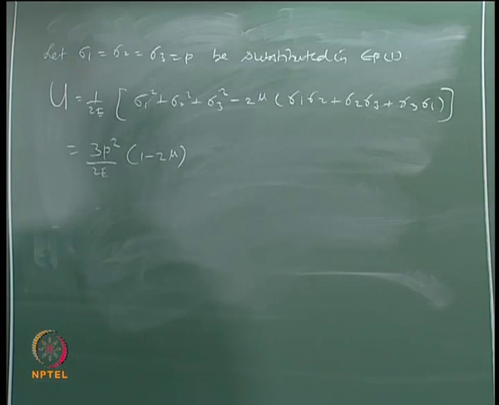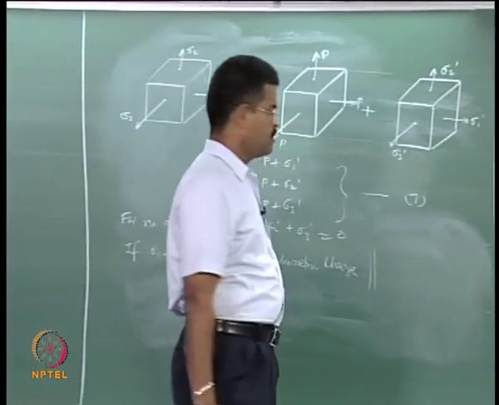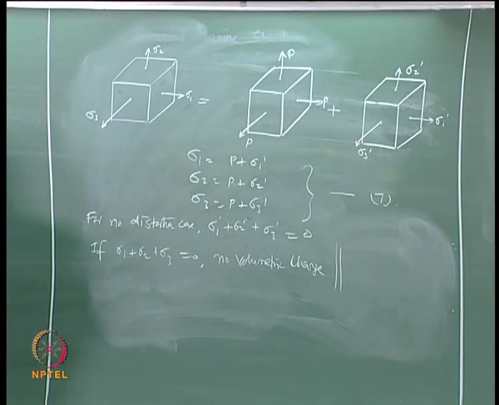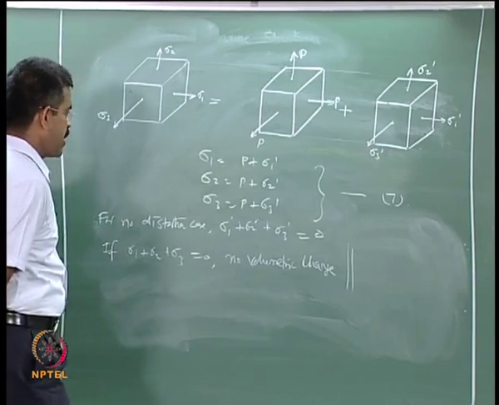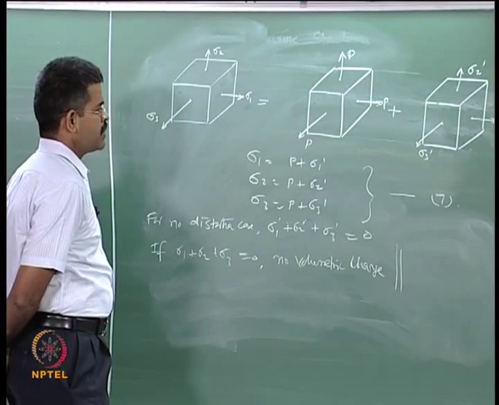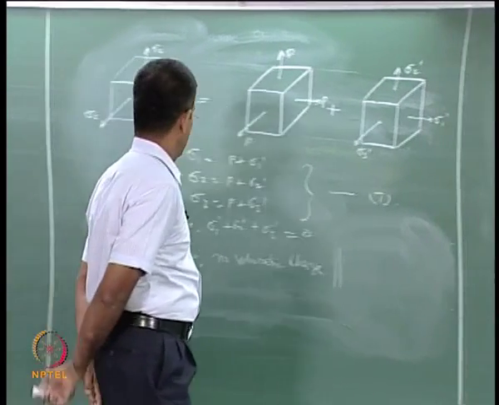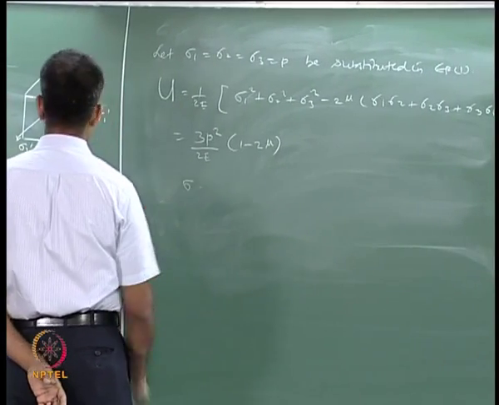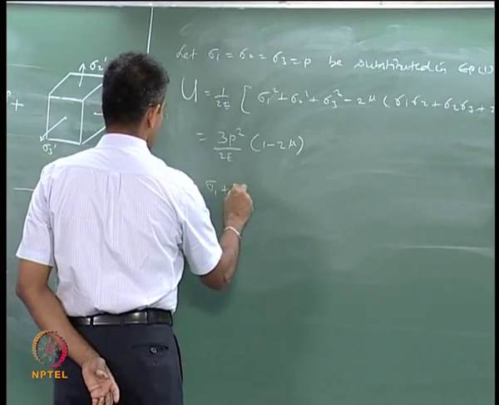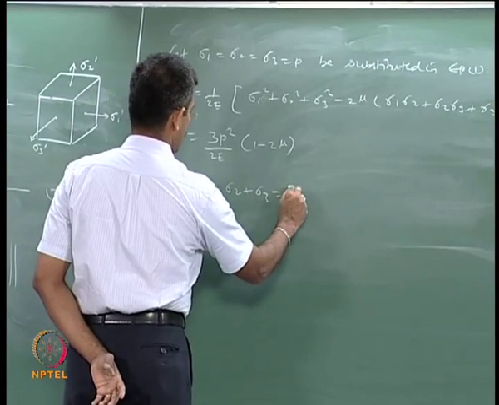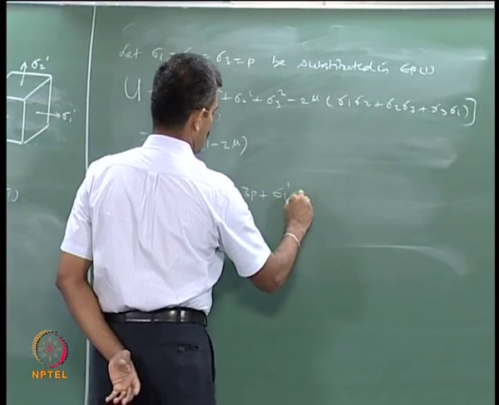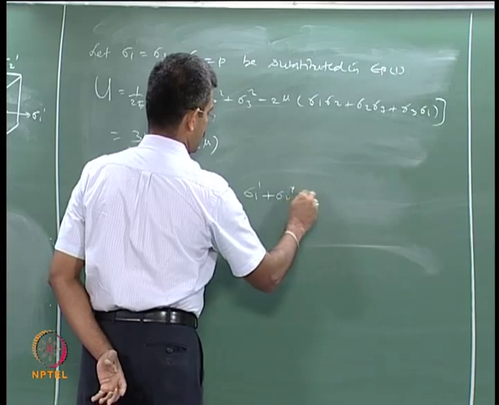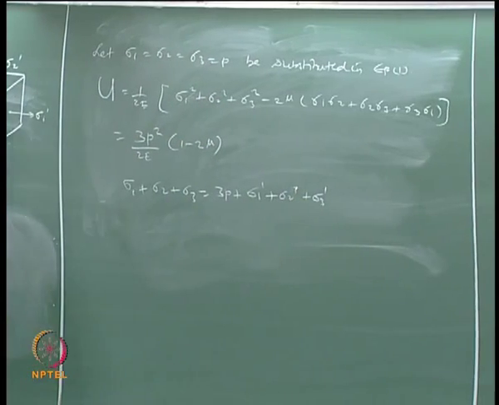Already we can also say from this figure that sigma 1 plus sigma 2 plus sigma 3 is 3P plus sigma 1 dash plus sigma 2 dash plus sigma 3 dash, is it not?